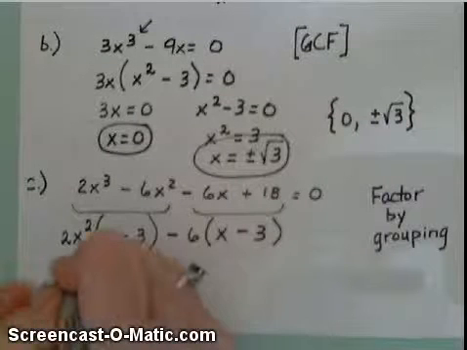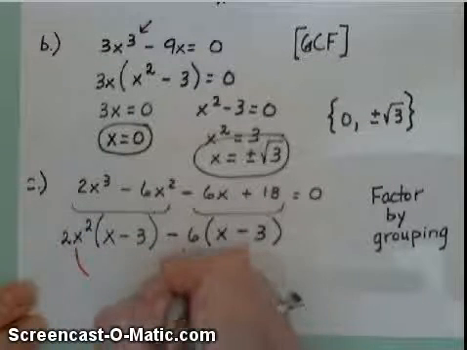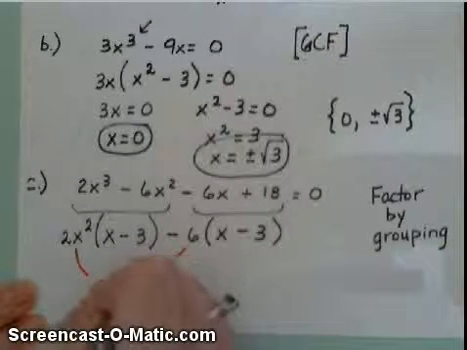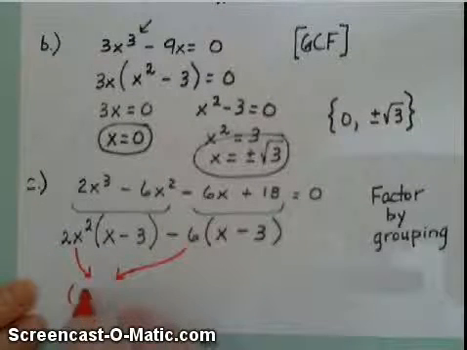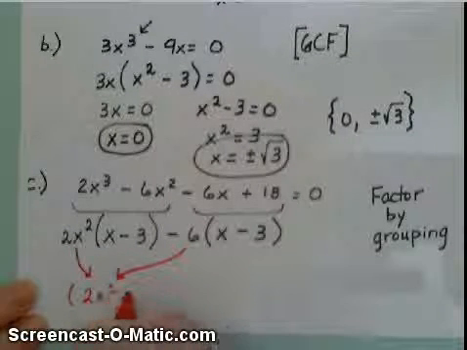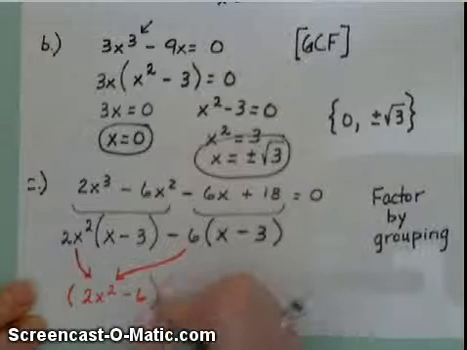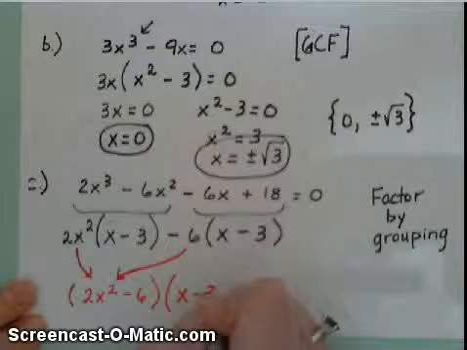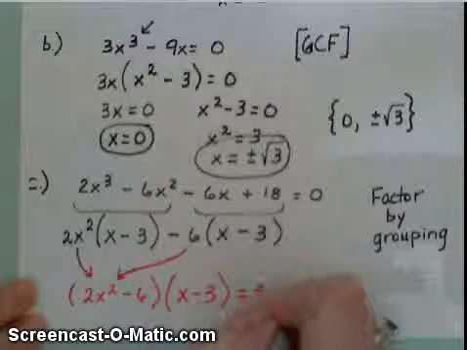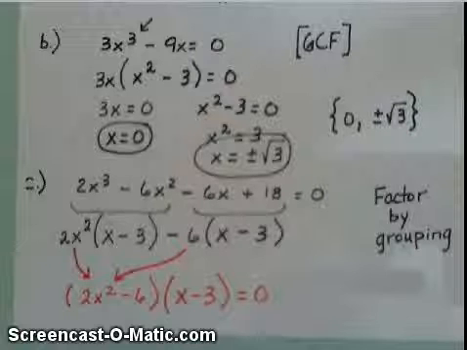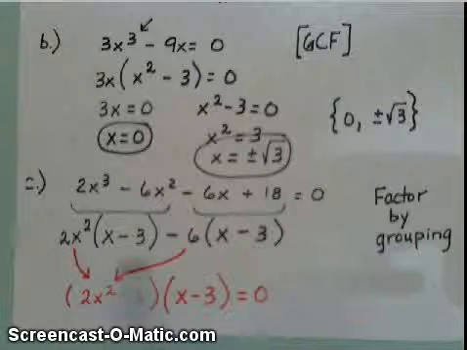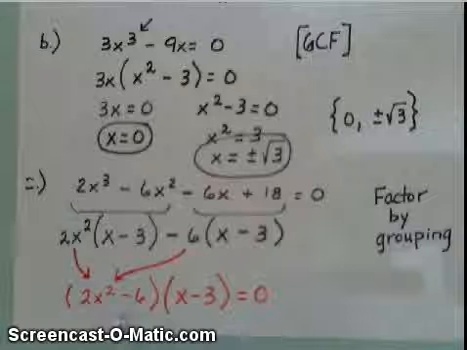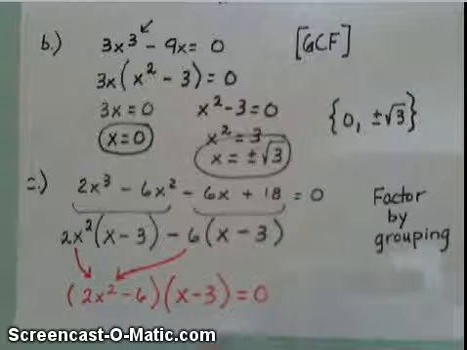Then you're going to take this factor and put them together in one set of parentheses: 2x squared minus 6 times x minus 3 equals 0. In other words, they're both multiplied times x minus 3. So we're just going to pull them together like this. And now we can solve.